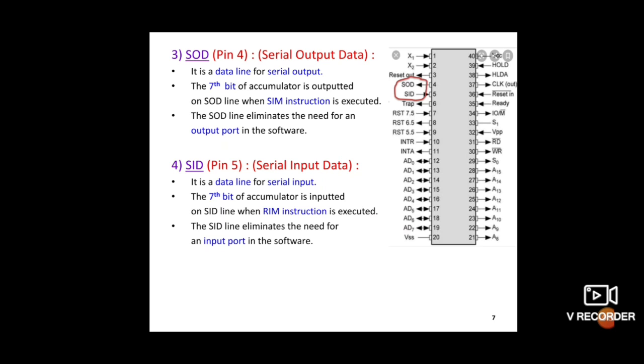One thing to remember: these two pins are used only in RIM and SIM instructions. The SOD pin is used for the SIM instruction and the SID pin is used for the RIM instruction. See here, the SOD arrow is outgoing, and SID is input, meaning the arrow is incoming to the microprocessor, while SOD is outgoing from the microprocessor. These two instructions are executed along with accumulator data. Okay, understand what SOD and SID are.